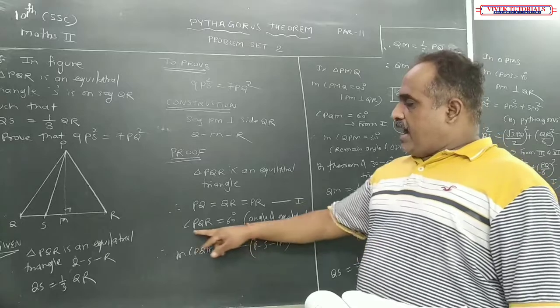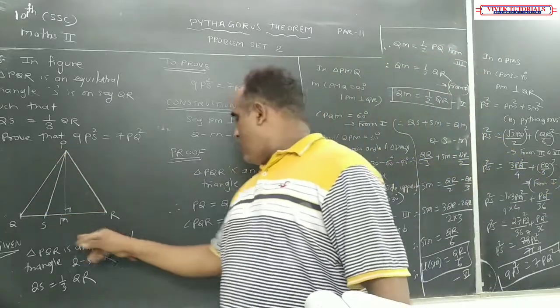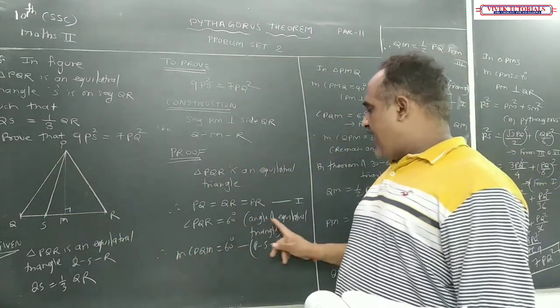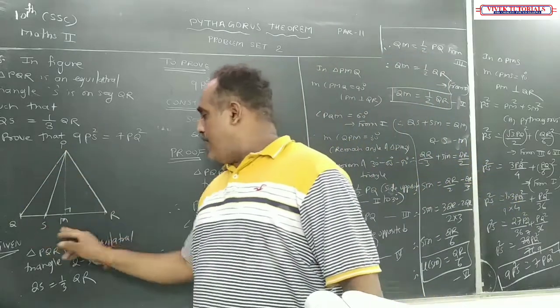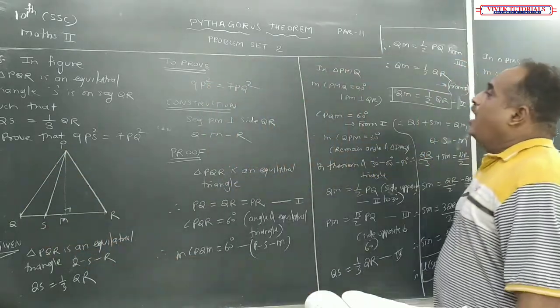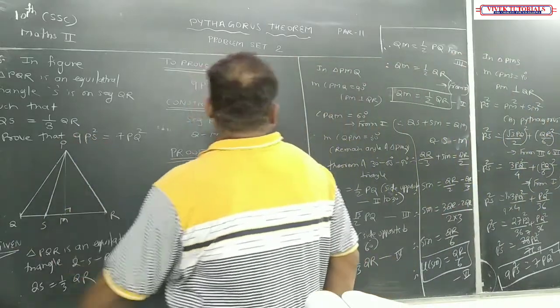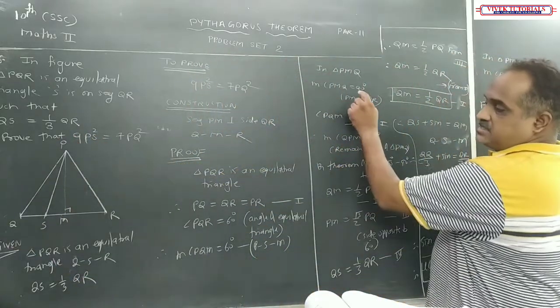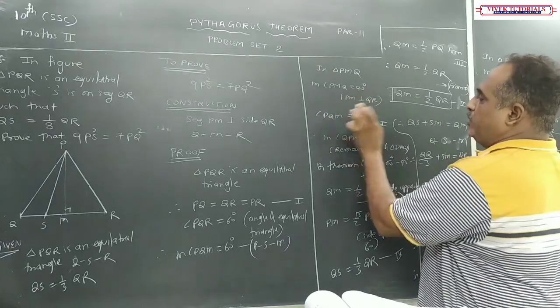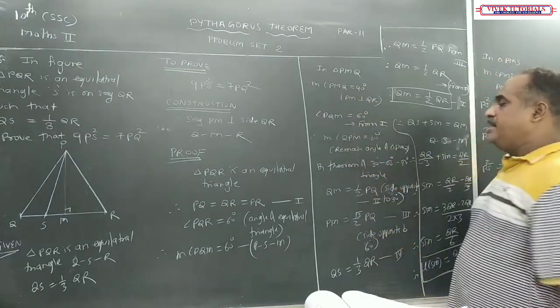Equation 1. In PQR I have taken 60 degree angle, so I have taken PQM is equal to 60 degree. Now in triangle PMQ, PMQ is 90, PQM is 60, therefore remaining angle is 30.